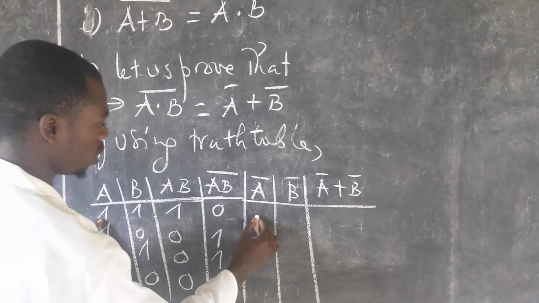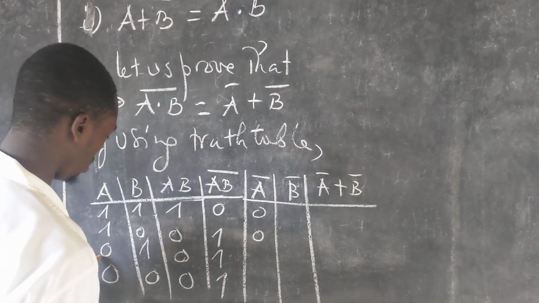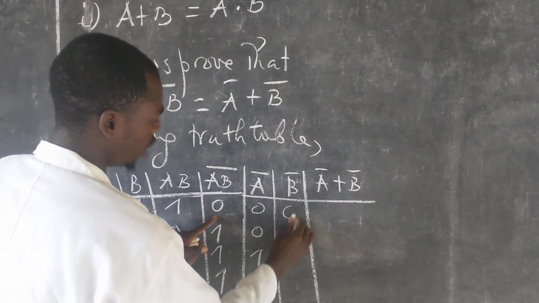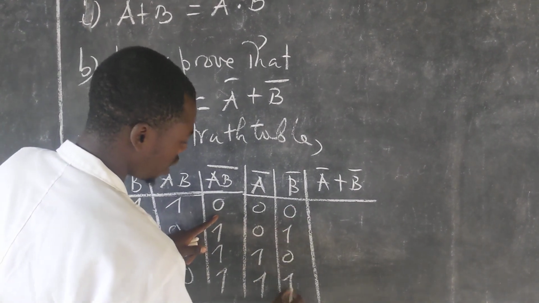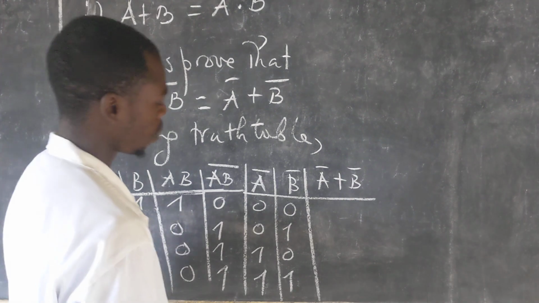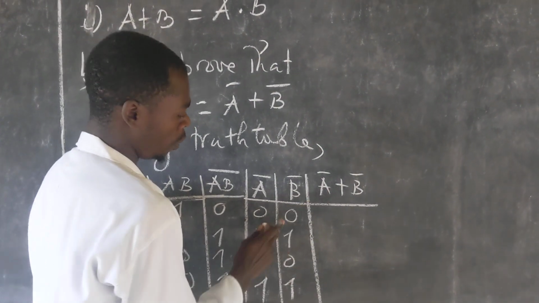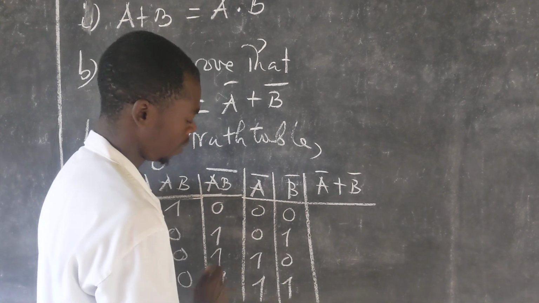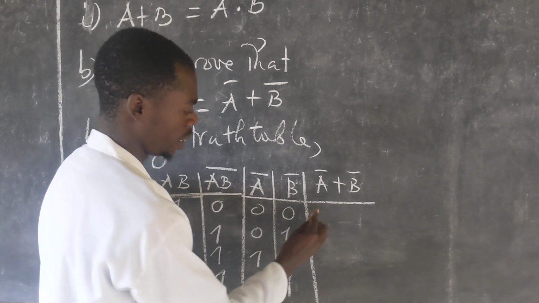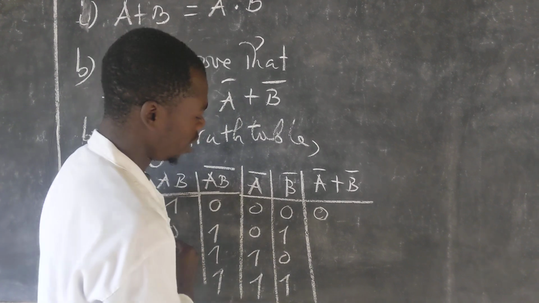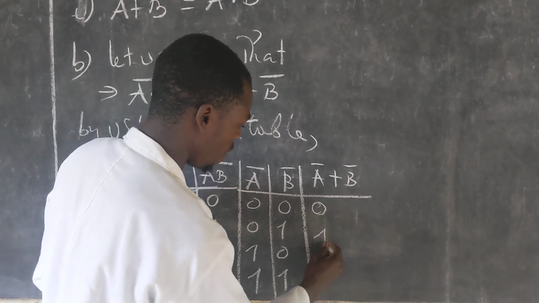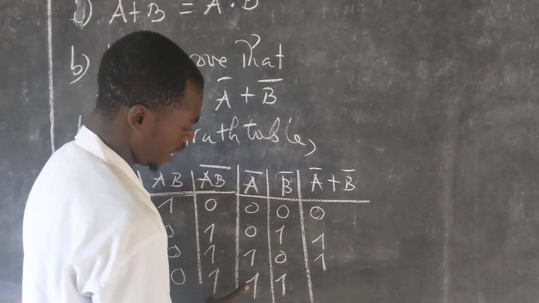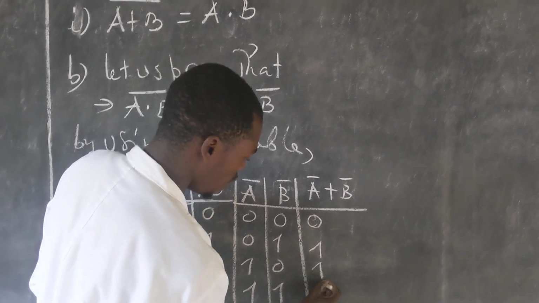Here we have 0, 0, 1, 1 and for B we have 0, 1, 0, 1. So meaning that 0 plus 0 equal 0, 0 plus 1 equal 1, then 1 plus 0 equal 1, and then 1 plus 1 equal 1.